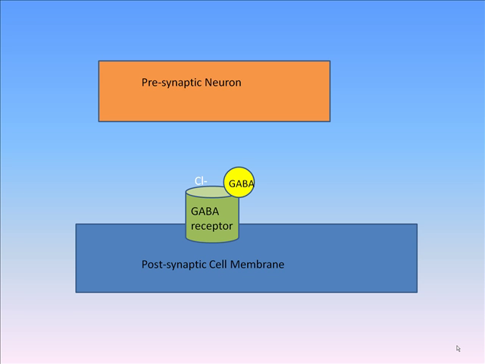This makes it more difficult to fire effectively, inhibiting this neuron. At the same time, the GABA is then taken back up into the presynaptic neuron. Now this is a gross oversimplification, and there are sometimes other consequences when GABA reaches the postsynaptic neuron, but we won't consider those here.